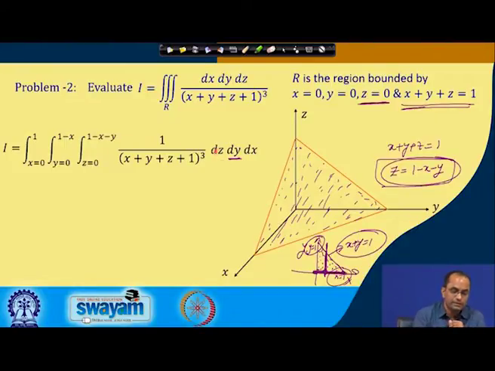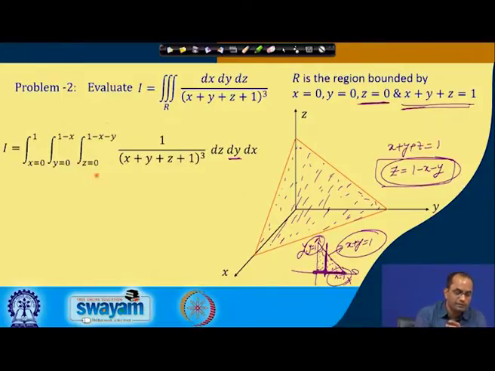So, in this case it was rather simple: the surface where it enters was the xy plane, that means z was 0 there. So, it is entering this volume from z is equal to 0, and the exit point from this volume along the z axis was this plane x plus y plus z is equal to 1, or z is equal to 1 minus x minus y.